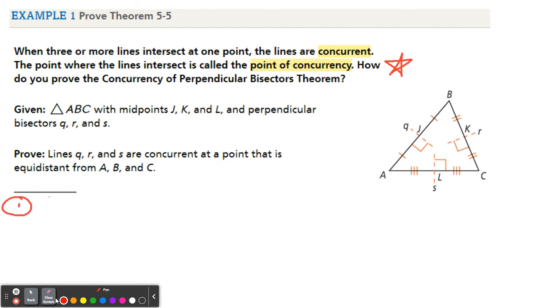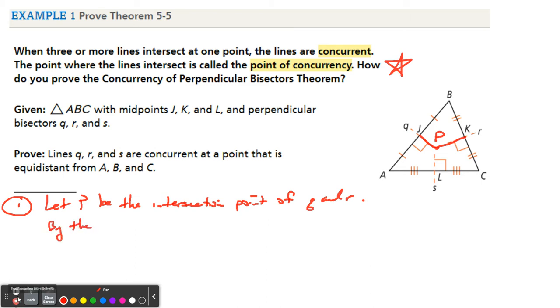Number 1, let P be the intersection point of line Q and line R. So here is Q, here is R. Where they meet, let's call that point P. By the perpendicular bisector theorem, we will know that P to A equals P to B, and P to B equals P to C. I'll say it one more time.